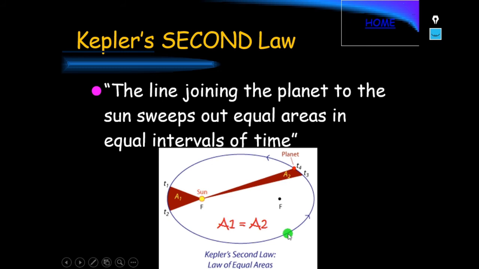First law is called the law of elliptical orbits. Kepler's second law is also called the law of equal areas, because equal areas are swept by the body which is revolving around the sun. So the line joining the planet to the sun sweeps out equal areas in equal intervals of time.